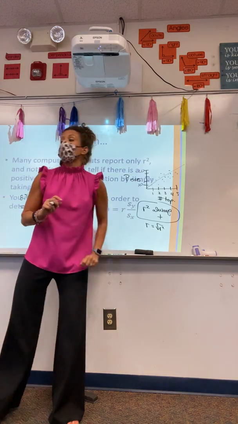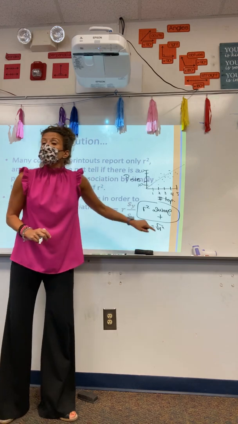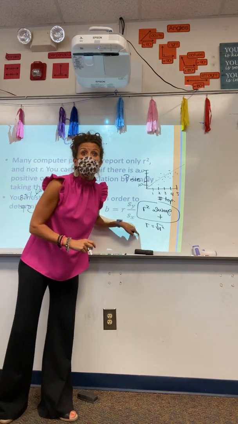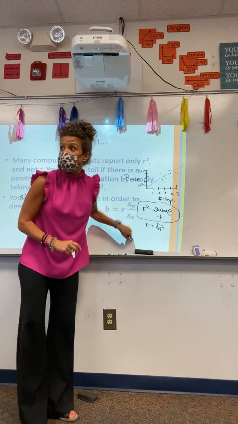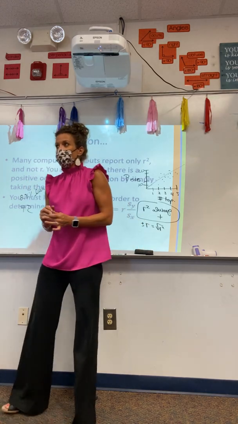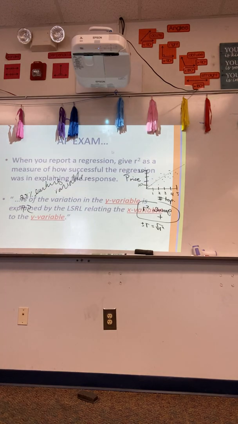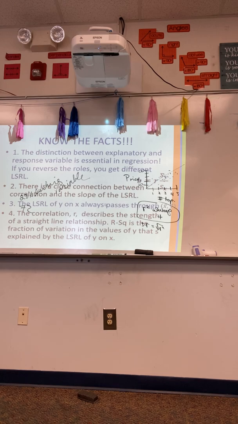So if I give you your R-squared, and you take the square root and get your R, you still need to look at your slope or look at the graph or look at something to see if R should be positive or negative. Because when you take the square root, it's plus or minus, right? So be careful on that, okay? You have to look at it. Again, make sure you know your Mad Libs on R-squared, okay?